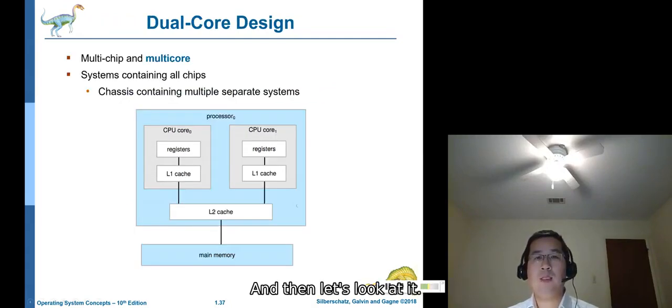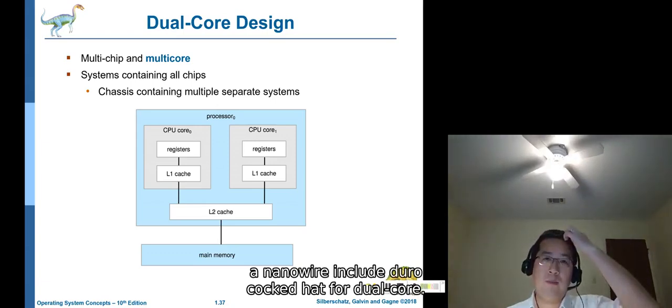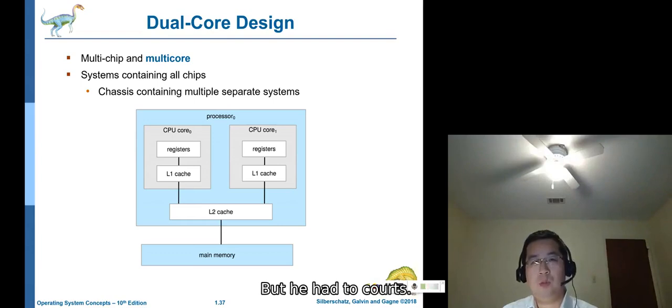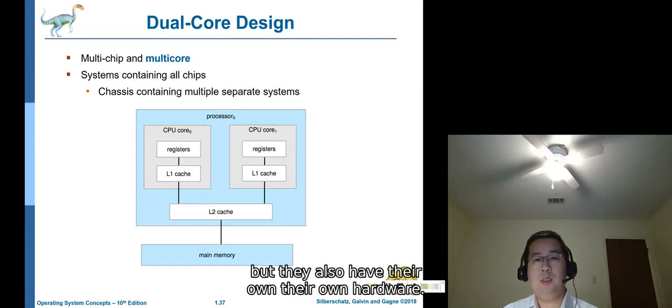And then maybe you heard a lot about another one called dual core. For dual core, this means we only have one CPU, but it has two cores. They share some information, but they also have their own hardware.